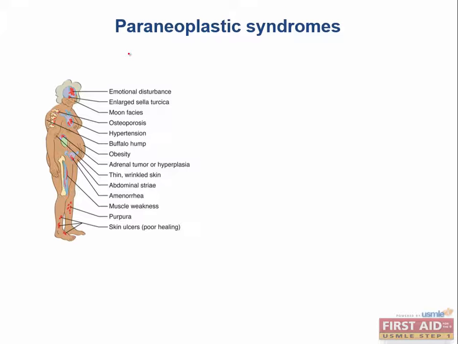So, let's say someone has all these signs: osteoporosis, hypertension, buffalo hump, obesity, thin wrinkled skin, purple stria. What do they have? Cushing syndrome, right? Cushing syndrome. All right, what's it due to? Too much cortisol, right? And if we're thinking cancers, what hormone stimulates the release of cortisol from the adrenals?